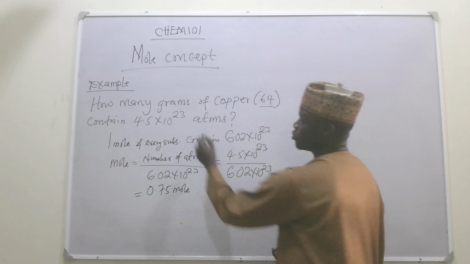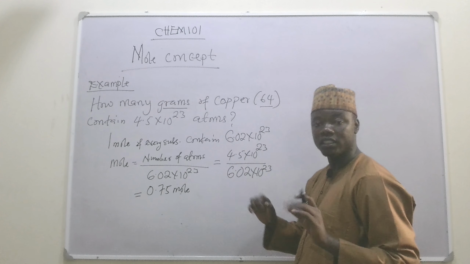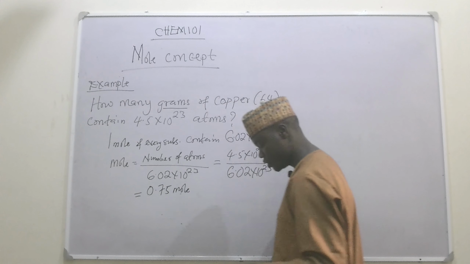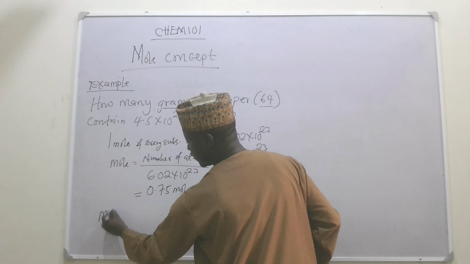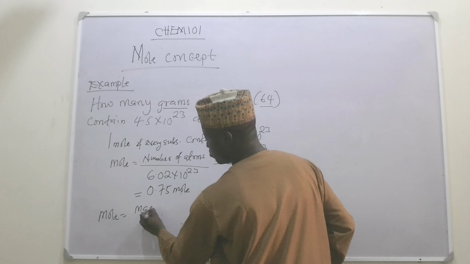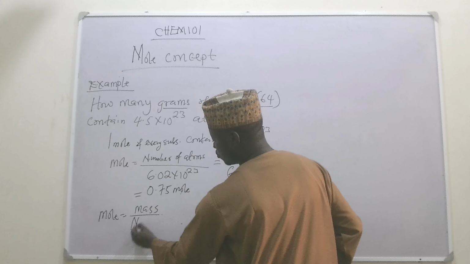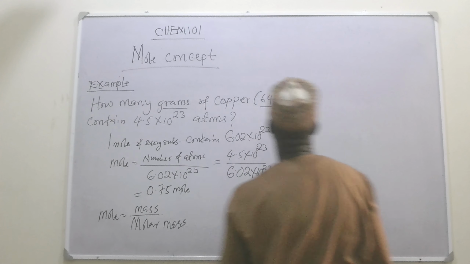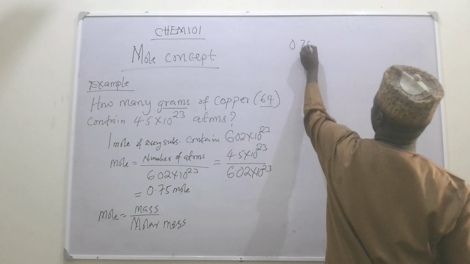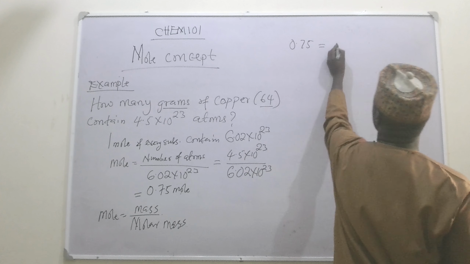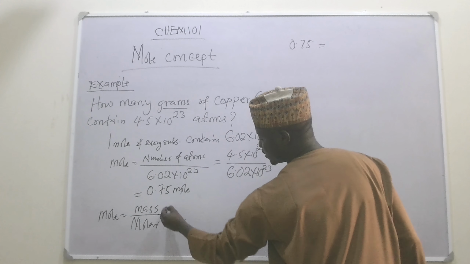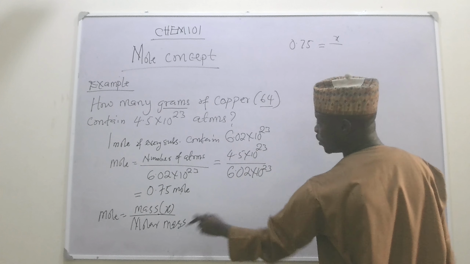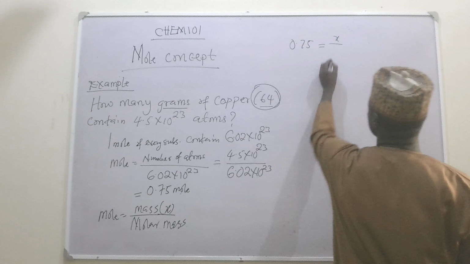But what we want to get is the gram, the mass of the substance. So we can use the other formula: mole is equal to mass over molar mass. We already have the mole, 0.75, equal to the mass, which is unknown, so let's say X, divided by the molar mass of copper, which is 64.